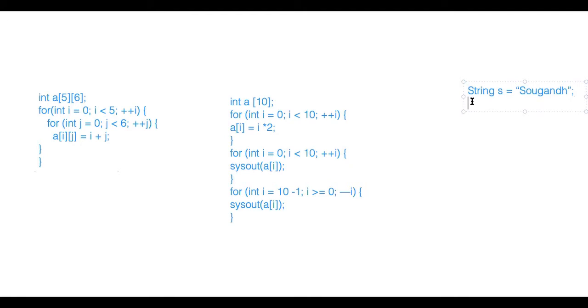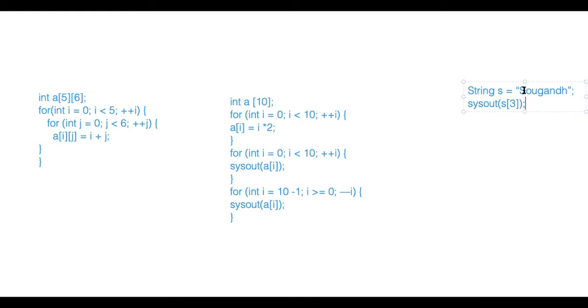In this case also, if you try to see, I always write sys out for system.out.println, I'm just using the short version to avoid that. If you do s of, suppose, 3, what will you get?